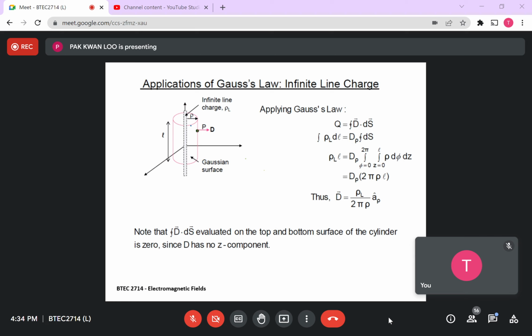Therefore, it is radial with respect to the cylindrical coordinates.